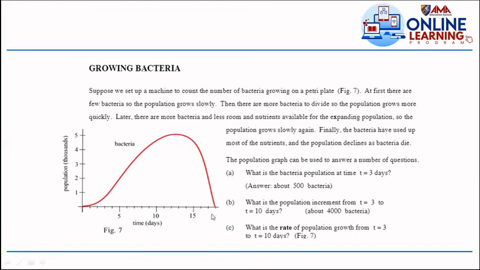So, the population graph can be used to answer a number of questions. Okay? So, letter A, what is the bacteria population at time t equal to 3 days? So, ito po yung unang tanong. Gaano raw karami yung bacteria pagkatapos ng 3 araw? So, this is our first day, this is our second day, and this is our third day.